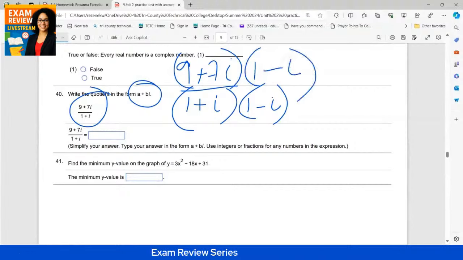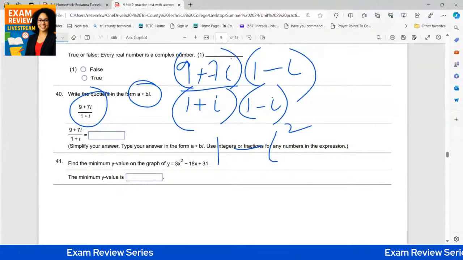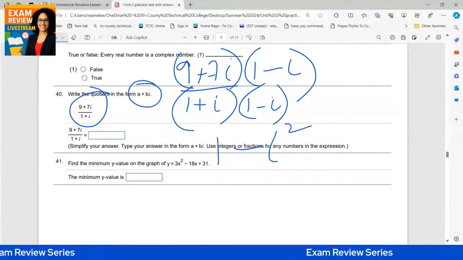Then simplify. If you remember, when you multiply with the conjugate, you have actually expanded a difference of two squares. So I can actually rewrite it as 1 minus i squared, because it's a difference of two squares. A while ago, we said that i squared is the same as -1.